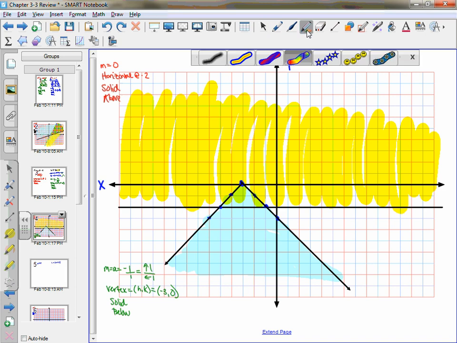It's this little triangle in here. Do we see that little triangle? That's your overlapping region. Do we get that? What if the regions did not overlap? There would be no solution.